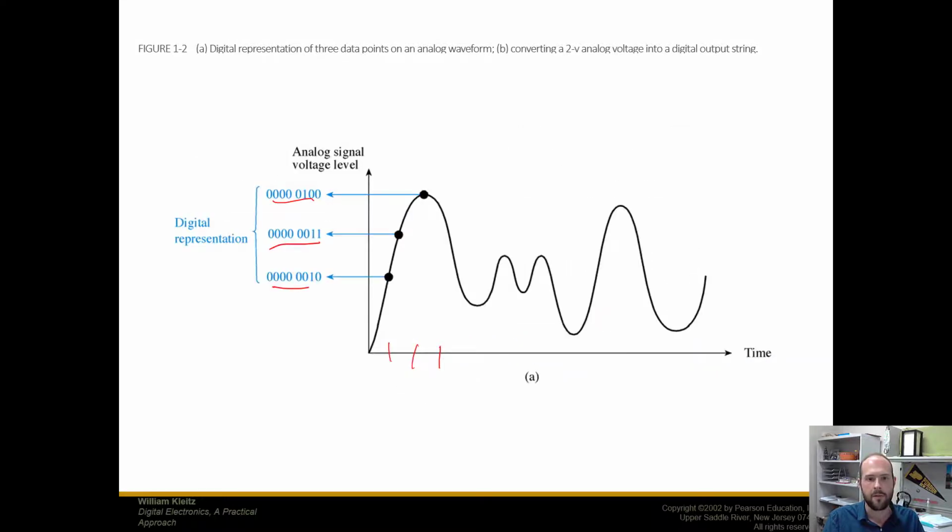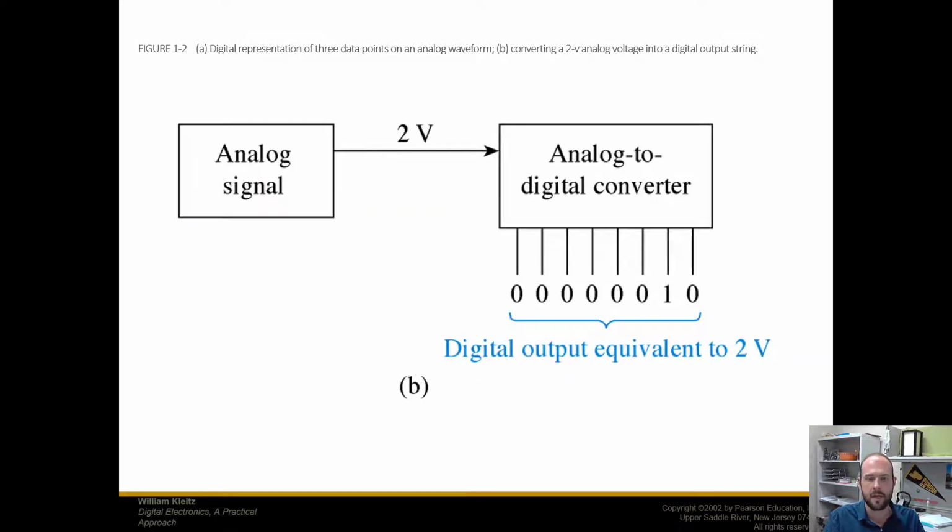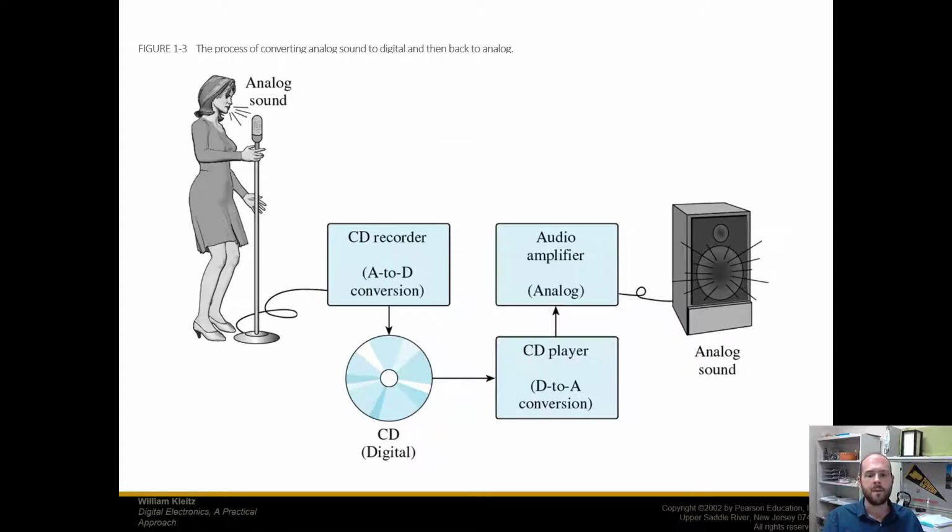But every analog value has some digital equivalent in ones and zeros, which is a binary number. And we'll talk more about that in just a moment. But the conversion between analog and digital happens all the time, especially because of how much digital-based technology we use. But most of the world we live in is actually analog.